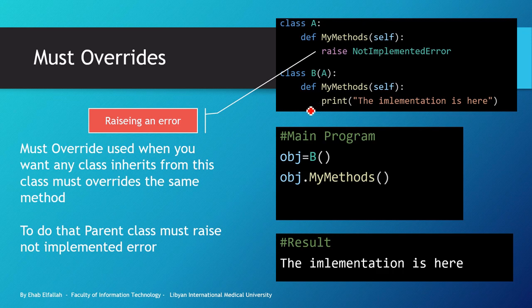Otherwise it might get an error or the program might stop because a method is missing. After we create an object from B, which is the child class, we can call the method my_method, and it works normally, and nothing will happen.